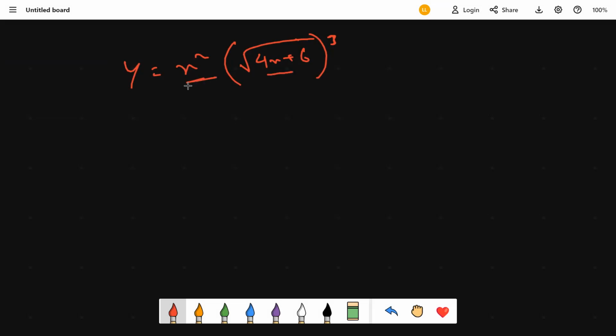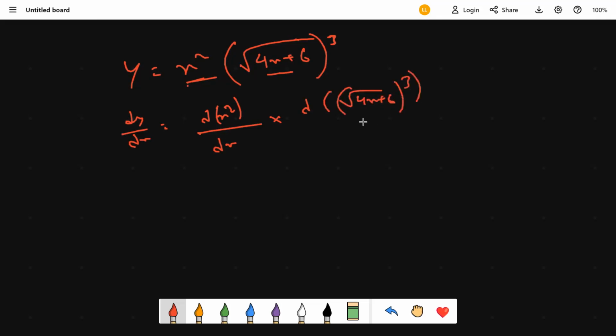If we implement the previous rule, which is to differentiate individually, and write that we differentiate x squared with respect to x, multiplied with the differentiation of (4x plus 6) whole cubed over dx, then it is actually wrong. Why?